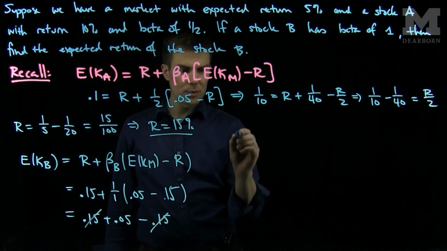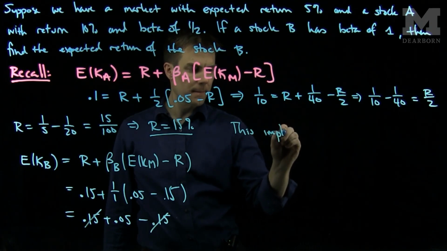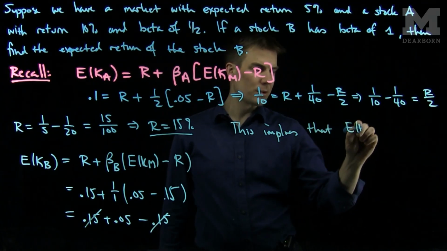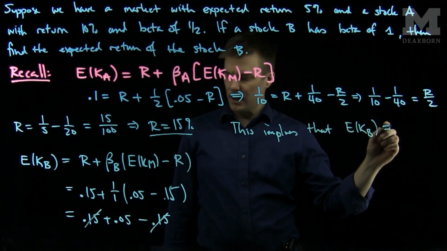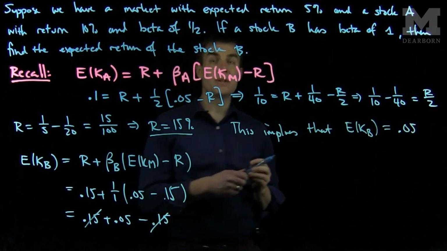and so this implies that the expected return of the stock B is equal to 0.05, and that is the market return.